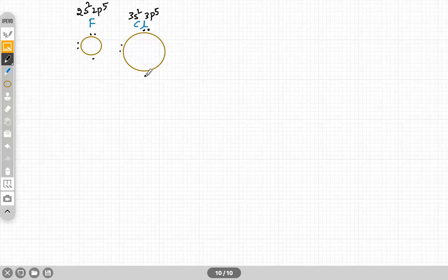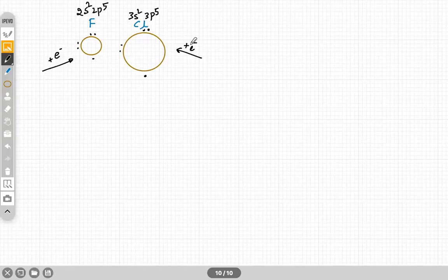Now, since the size of chlorine is higher than that of fluorine, and you want to add an electron to these atoms, which one produces more repulsion to the coming electron? Fluorine or chlorine? Fluorine, because the fluorine size is small, it is compact, and the 5 electrons are distributed over a small region.